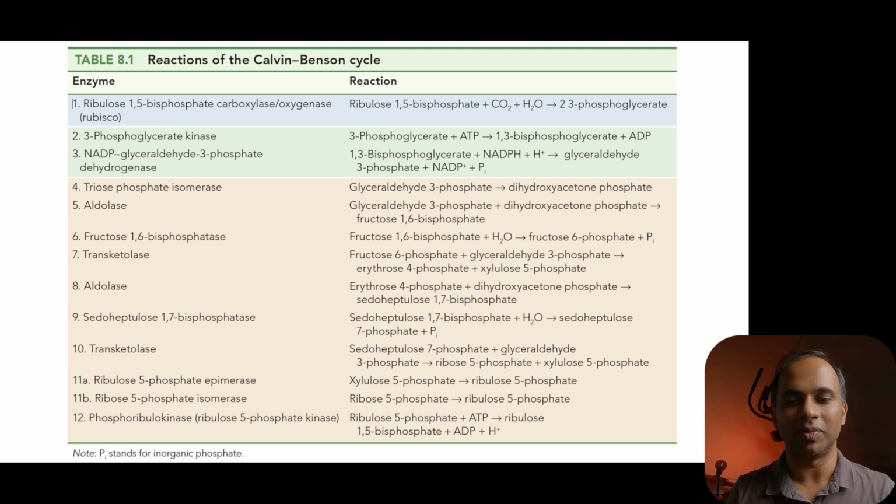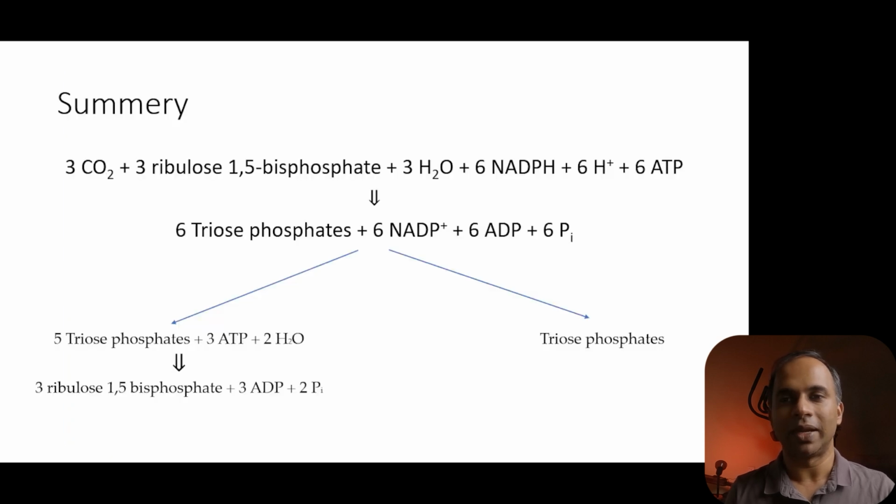Okay, so in summary, if you put all the reactions into a summarized form, three carbon dioxide molecules, 3 ribulose 1,5-bisphosphate, 3 water, 6 NADPH, and ATP all get together and create 6 triose phosphate, 6 NADP plus, 6 ADP and 6 phosphate groups.